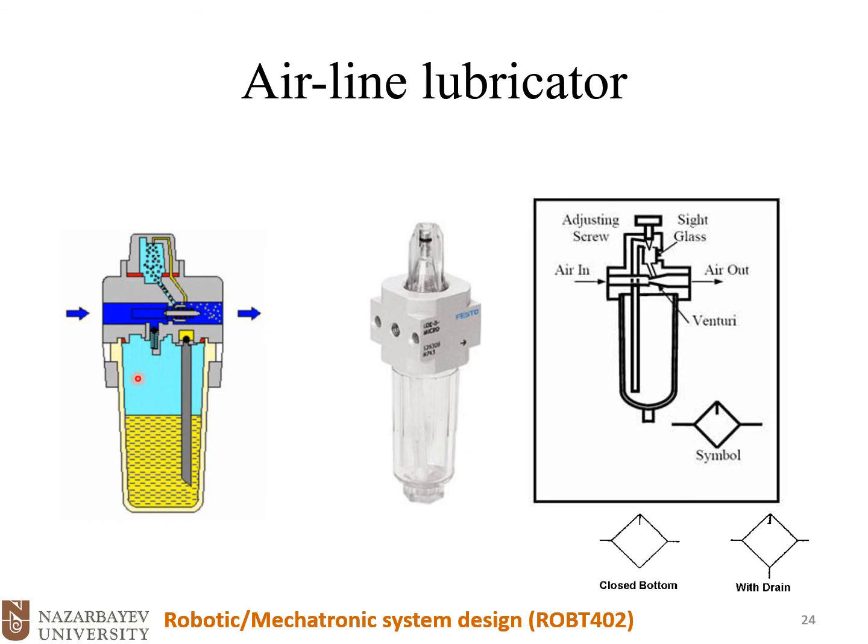Here, let's say we have higher pressure, and this higher pressure will basically push the oil through this feed pipe, and here we have an adjusting screw, and droplets of the oil will be thrown into the air flow.